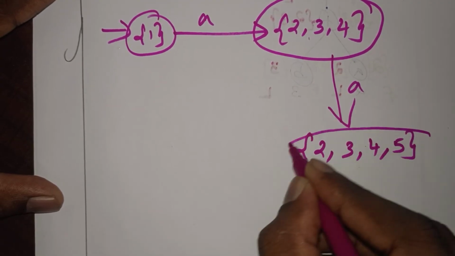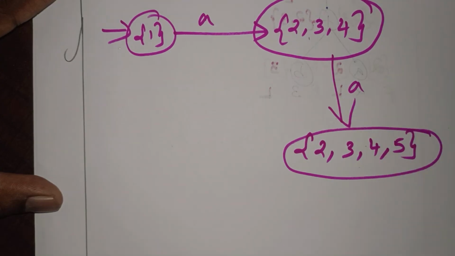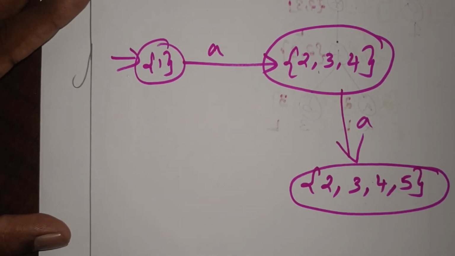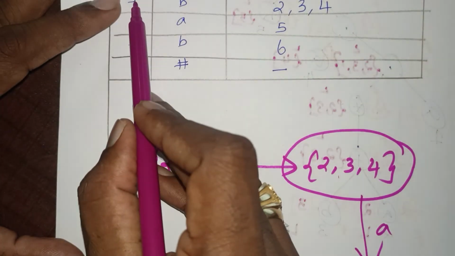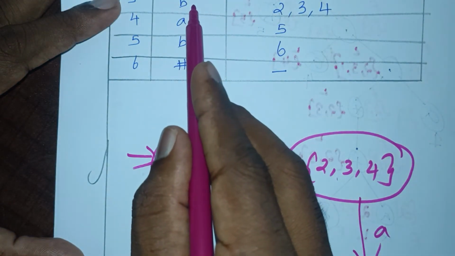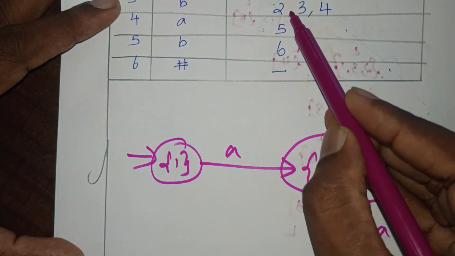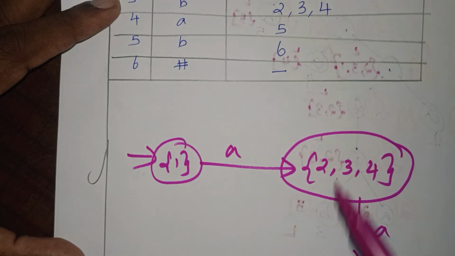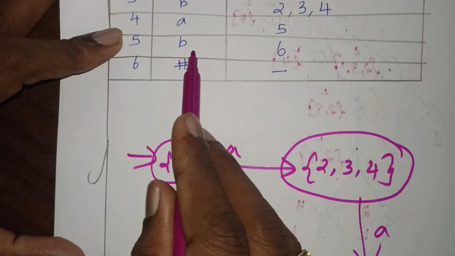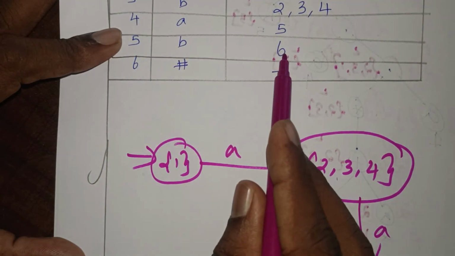This is one more set which is taking A. So here 2 and 4 have been solved, correct? Now this is the process. Now I am going to move on to node 3. So 3 is taking B and it is reaching the follow position 2, 3 and 4. Right. Here you can see another node, 5, that is also taking B and it is reaching 6.